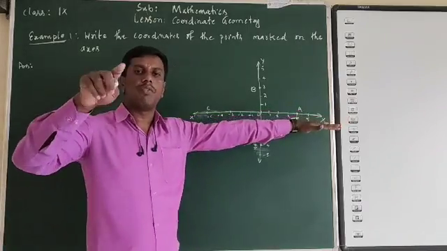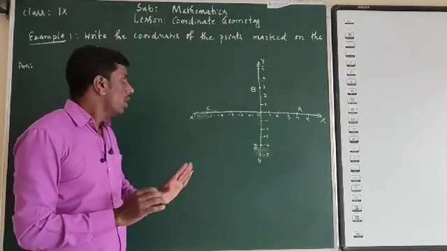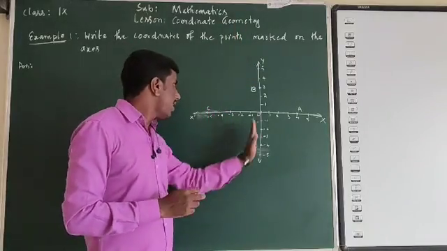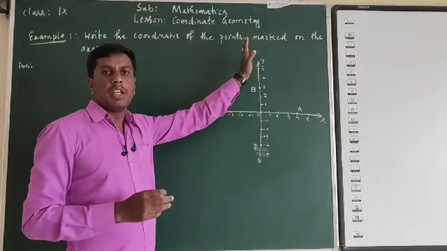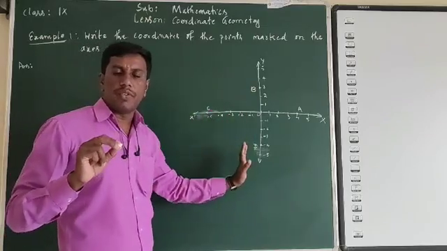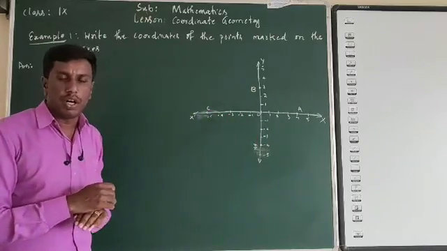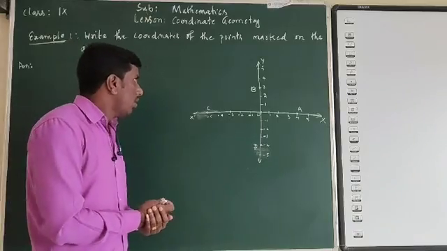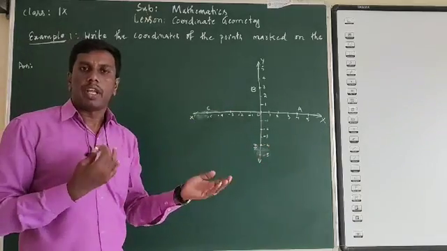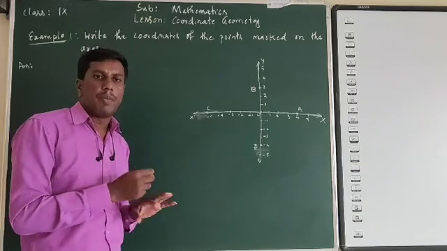That is, the y-coordinate value will be 0. If the point lies on the y-axis, then the abscissa value, or x-coordinate value, will be 0. That is what we learned in the earlier class. Okay, so let me take it point by point.